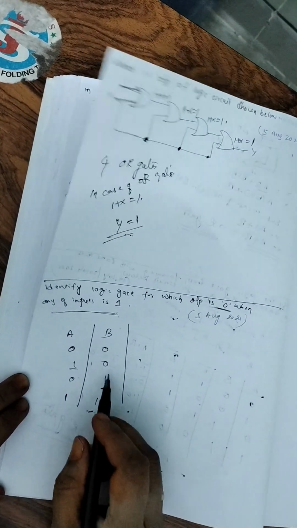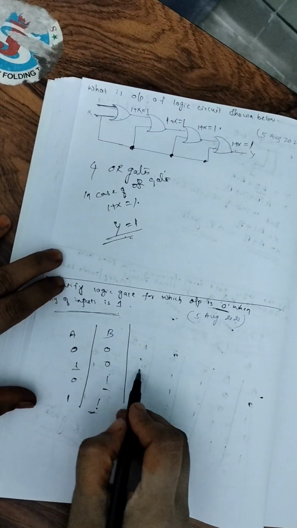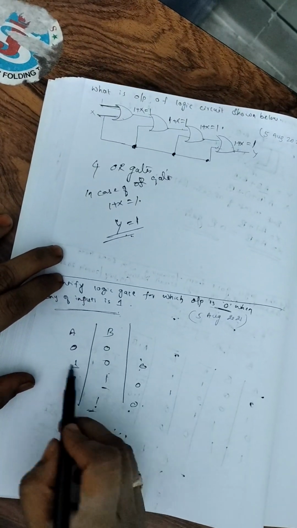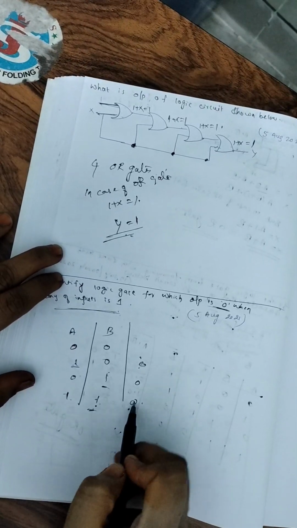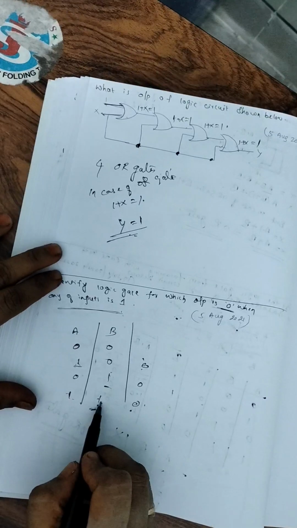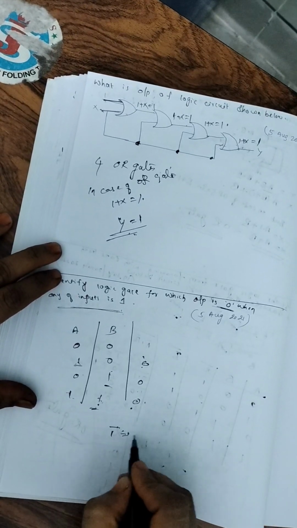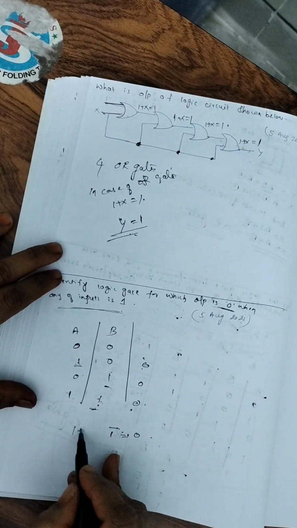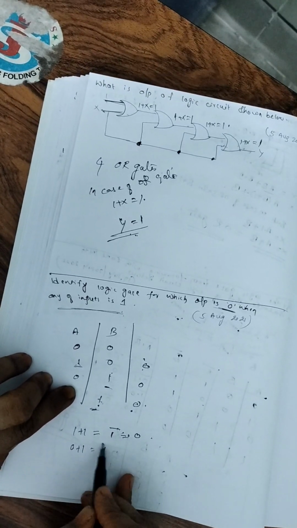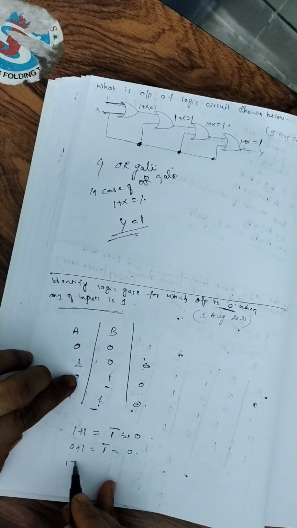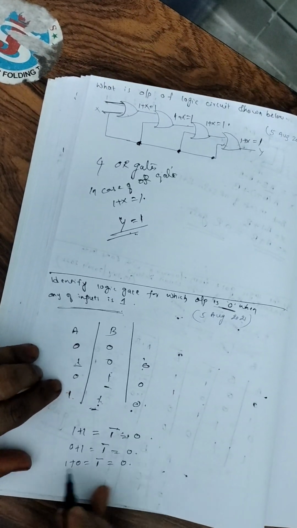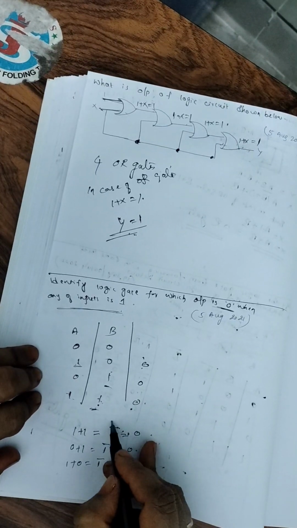Okay, when any of input is 1, output must be 0, he is saying. When any one input is 1, output must be 0. For which gate we will get 1 plus 1? 1. 1 bar, 0. Right? 0 plus 1? 1. 1 bar, 0. 1 plus 0? 1. 1 bar, 0.